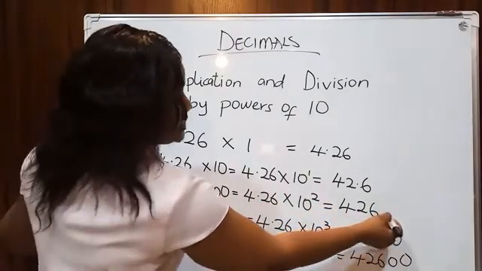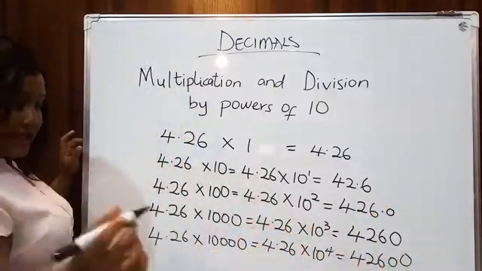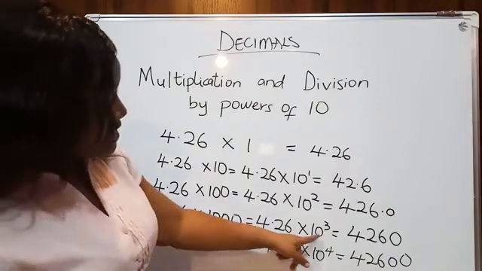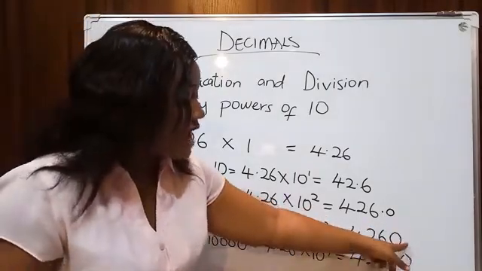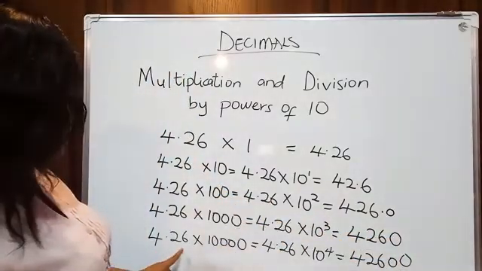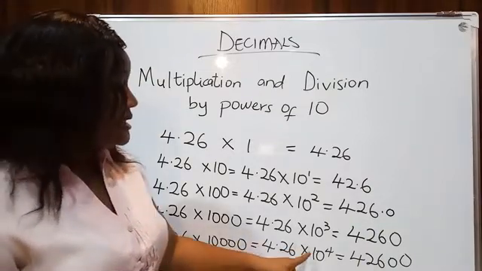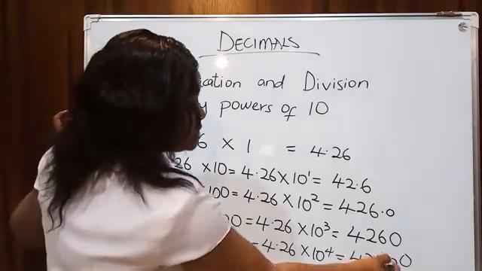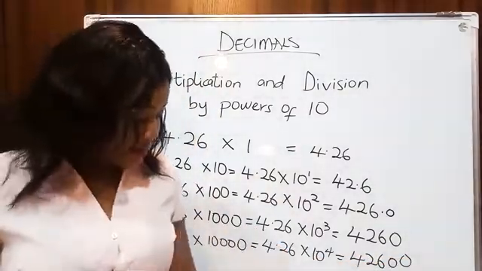So this one is more or less saying 426.0 or something like that. Now in this case, you have times 1000, times 10 raised to power 3, and the decimal point moved again. And once it moves, 0 covers it. You have 4.26 times 10,000 equals 4.26 times 10 raised to power 4. And our decimal point moved 4 places. 1, 2, 3, 4. And we have 42,600.